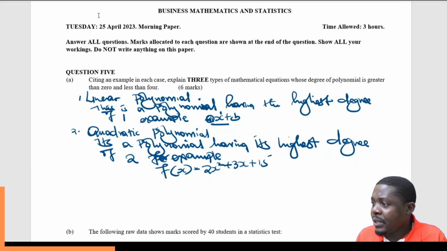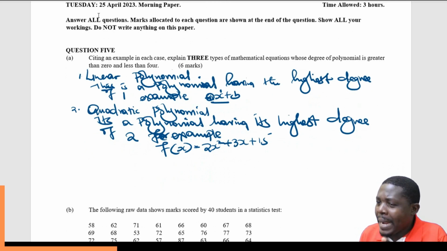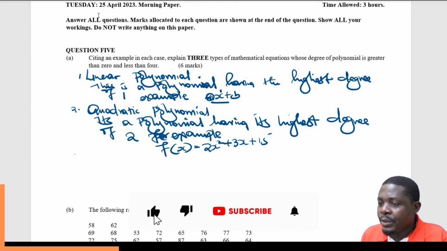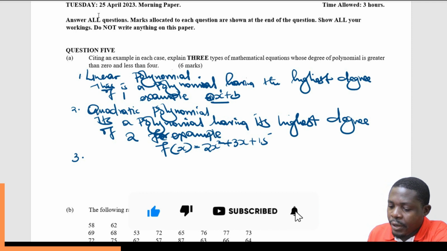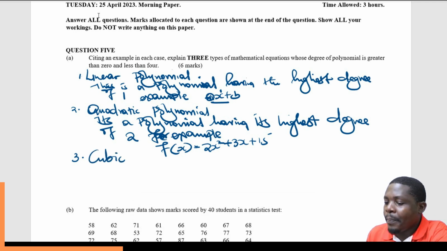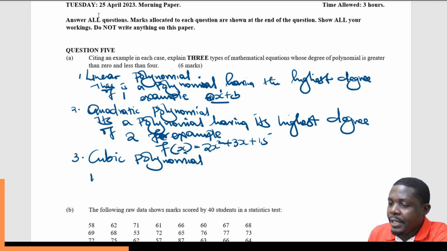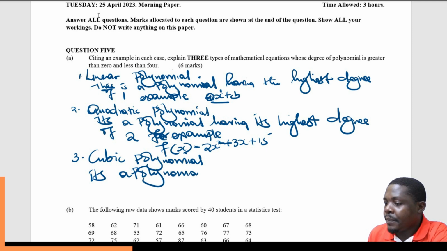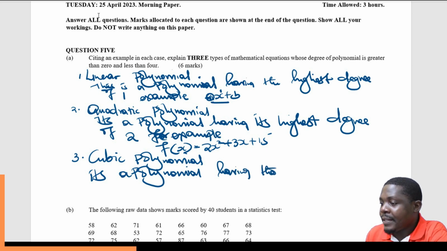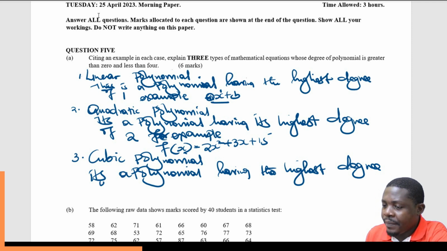Then number 3, because we are told that it is greater than 0 but less than 4, the last one we can talk of is a cubic polynomial. A cubic polynomial is a polynomial having the highest degree of 3.